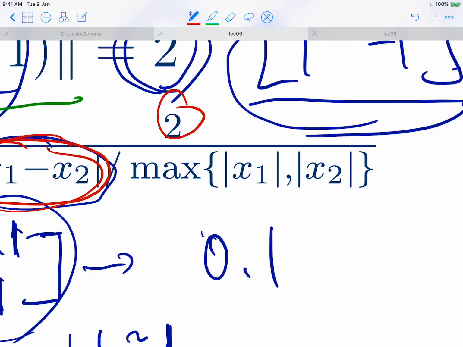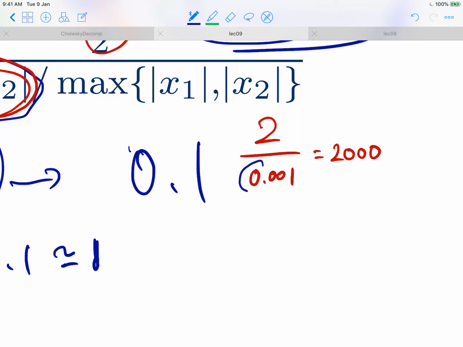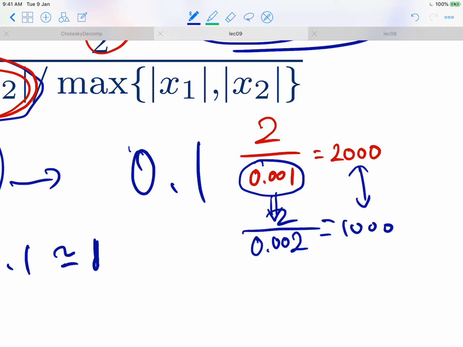So the main idea is like this. Suppose we divide by a small number, and the result will be like 2000. But somehow we represented this number inaccurately, so I mistakenly represented it as 0.002, and then the division between these two numbers will be 1000. So the difference in the result between these two cases will be really exaggerated.